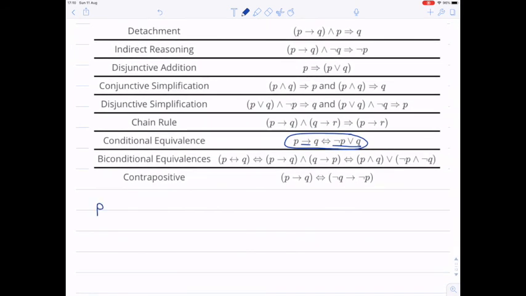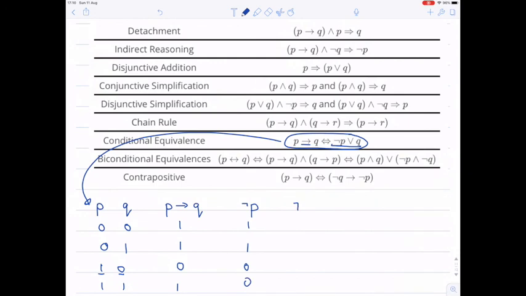So we've got our P and our Q. Okay, so we know that P implies Q is true for every case except where the condition is true and the conclusion is false. Now let's have a look at not P. So not P is going to be 1, 1, 0, 0.